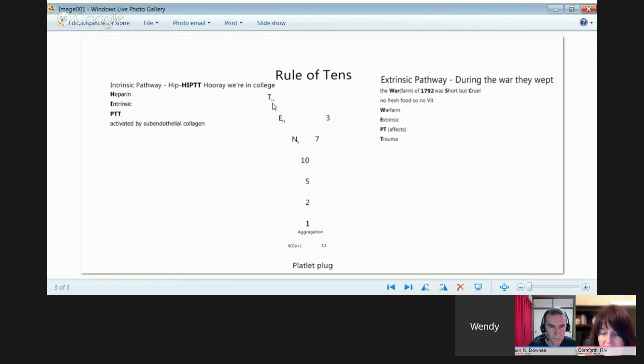Those are your factors: 12, 11, and 9. And then basically you only have 7 over here, but for the sake of keeping in the tens, I'm throwing on the 3. And then 10, because it's a rule of tens, 10 is your rate limiting factor. It's the big deal. It's really important.